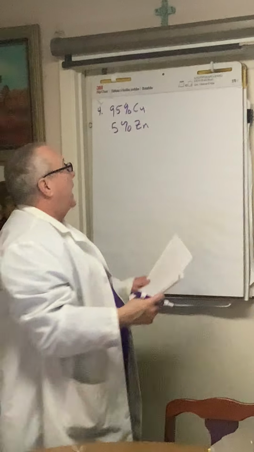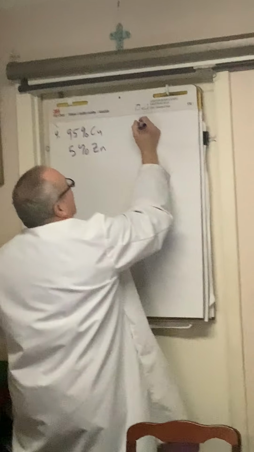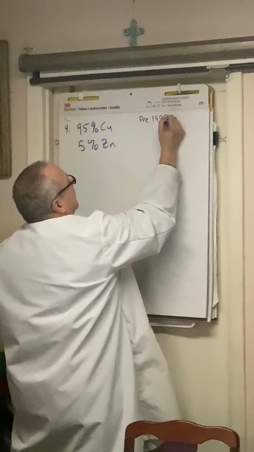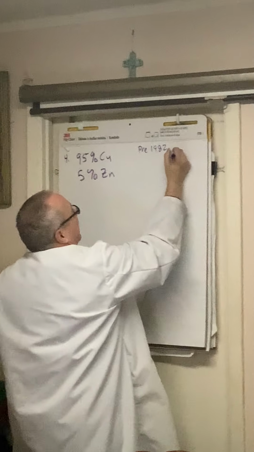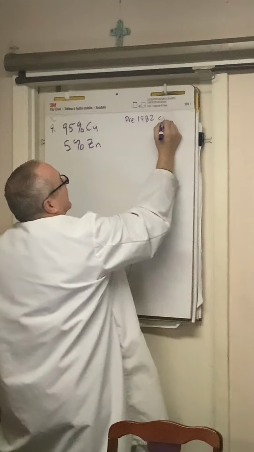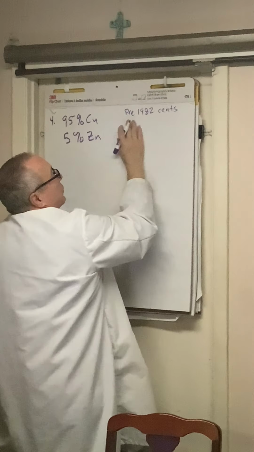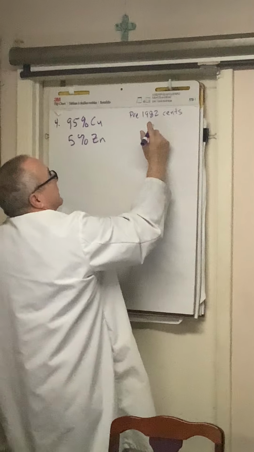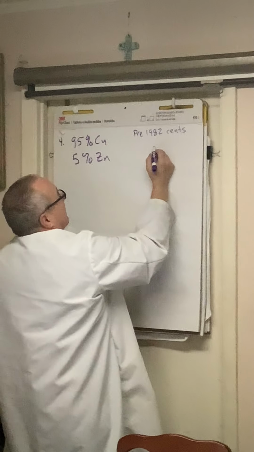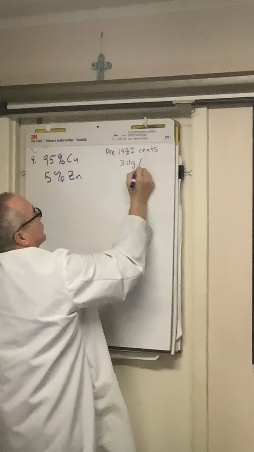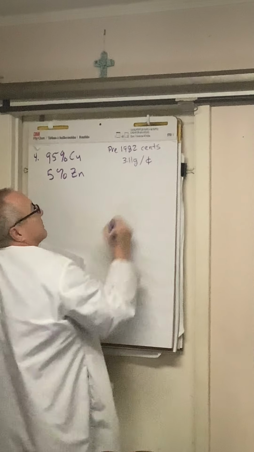Well, I looked it up on the internet, and pre-1982, or 1982 and before, pennies, technically cents, pennies are an English unit. If you look on ours, it says 1 cent, not 1 penny, 1 cent is its formal name. They have a mass of 3.11 grams per cent.